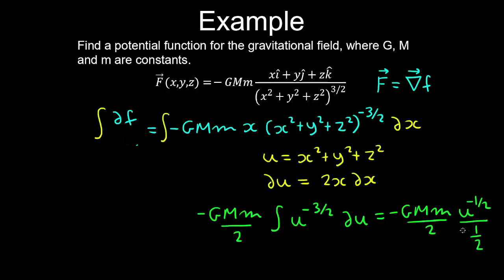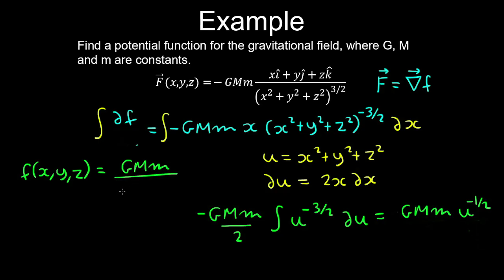So therefore the negatives cancel and the 2's cancel, so we're left with this expression. So therefore we get f of x, y and z is equal to GM over (x squared plus y squared plus z squared) to the half, plus a constant of integration.